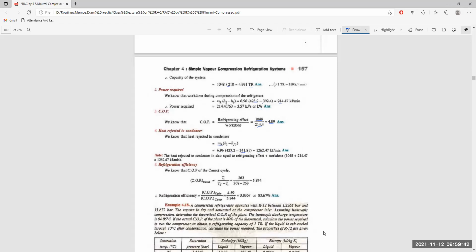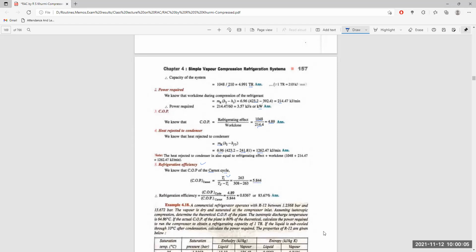Now, what is the refrigeration efficiency? We know the COP of the Carnot cycle is given by the lower temperature divided by the higher temperature minus the lower temperature. That is 263 by 302 minus 260, which is 5.83.